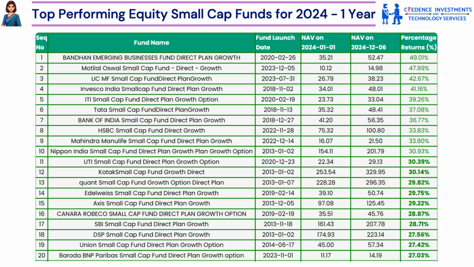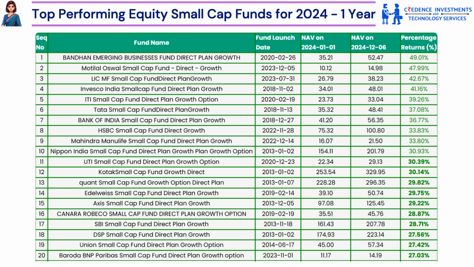Key highlights. Top performer: Bandhan Emerging Businesses Fund Direct Plan Growth leads the list with a 49.01% return. Strong performers: Motilal Oswal Small Cap Fund, Direct, Growth, 47.99%, and LIC MF Small Cap Fund Direct Plan Growth, 42.67%, are the second and third highest.